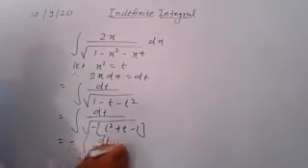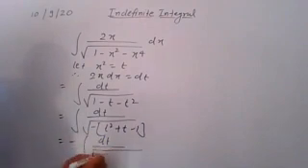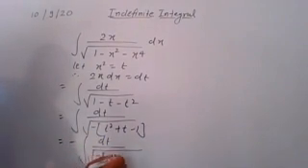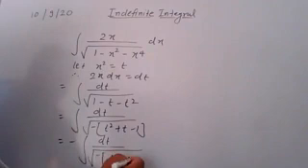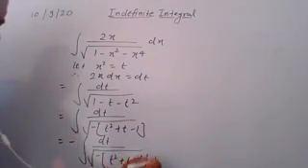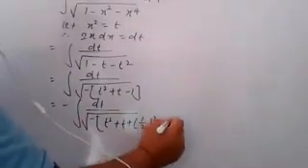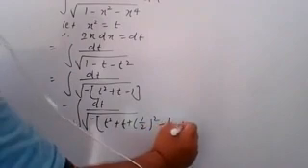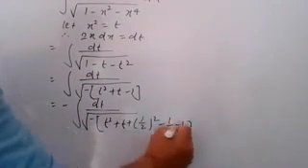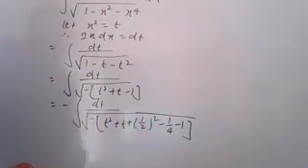Understand? Now make it a perfect square. So dt upon under root, minus t square plus t, and half of it, taking the square of that, means 1 by 2 whole square. Now you subtract it also. So you have 1 by 4 minus 1 by 4 minus 1. You can write in this way.